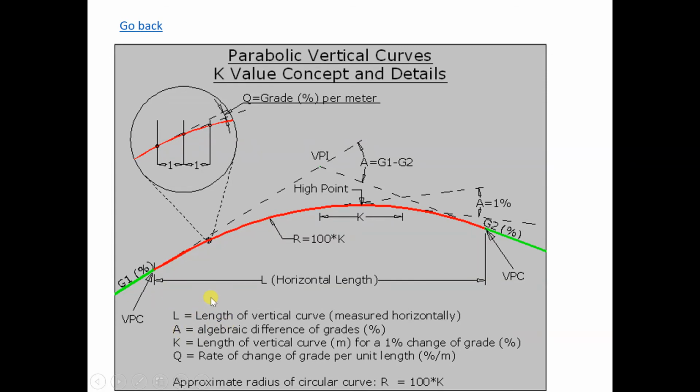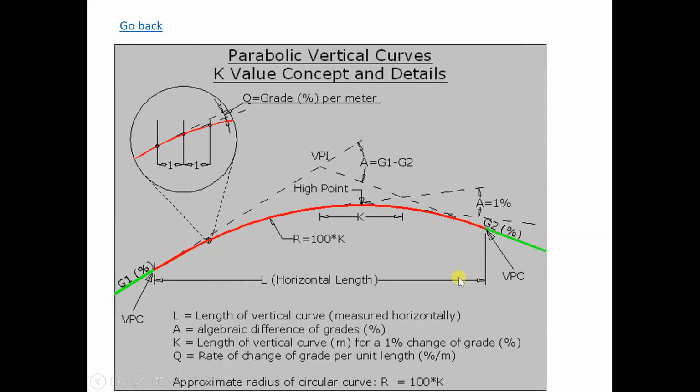So there are certain things that we need to see. This is the horizontal length. This is the curve length, but we measure the horizontal length. All the distances in the vertical alignment are measured horizontally. We do not measure the curve length, because the chainage of the road is based only on the horizontal alignment, not on the vertical curvature.